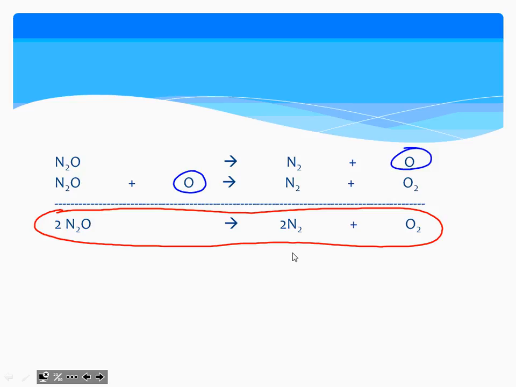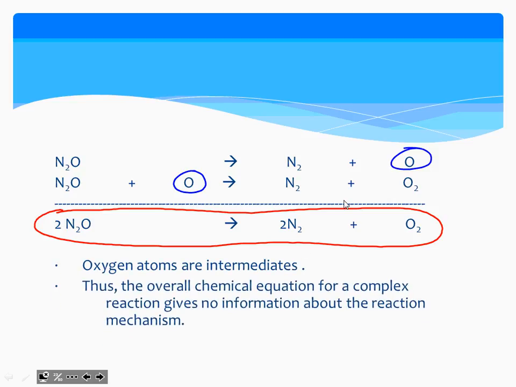Now, I think the next slide, I guess we got more here. The oxygen atoms are intermediates. No, that's just what I was hammering down there: that the overall chemical reaction gives no information about the different mechanisms that are involved as that reaction proceeds along.